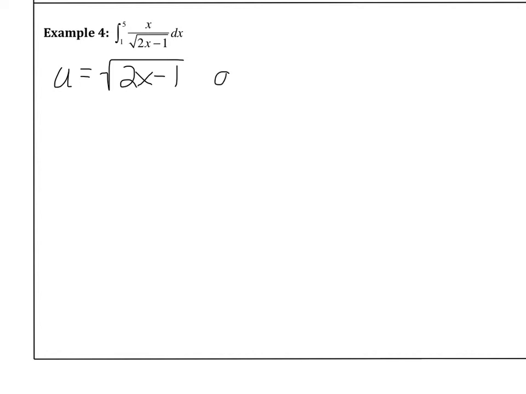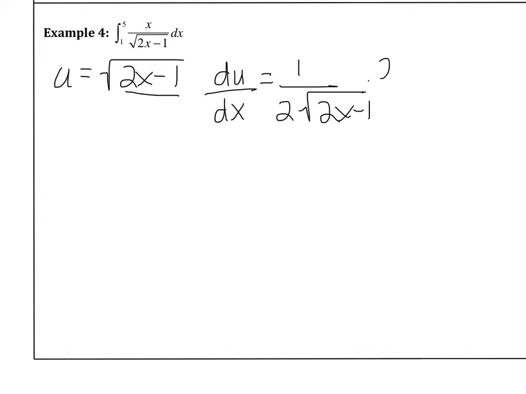So let's do it. The derivative of u with respect to x is, well, the derivative of radical anything is 1 over 2 root anything, and then chain rule, right? The derivative of the inside function is 2. And that's kind of convenient because the 2's cancel.